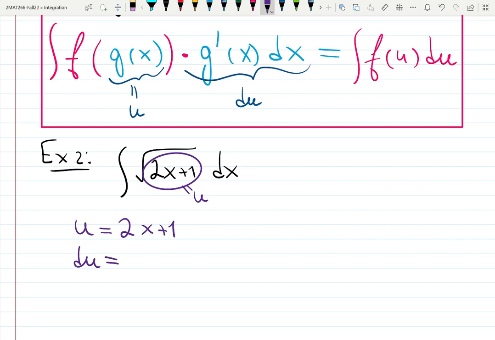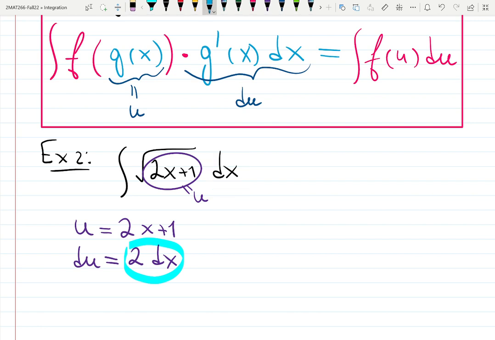So du is 2, since the derivative of 2x plus 1 gives you 2. Don't forget dx. Now look at this dilemma. We need 2 dx, but we only have dx. So I do it this way. That's my favorite way, but you don't have to do it.